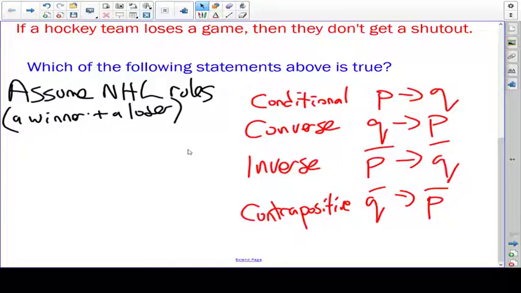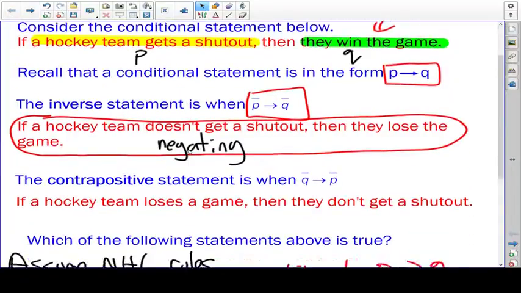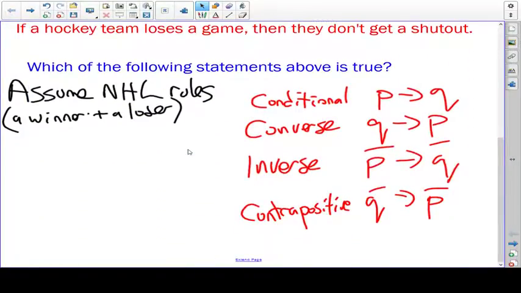So if we're going by the NHL rules, if a hockey team gets a shutout, then they win the game. Is that true or false? False, because what happens if you get a 0-0 tie that goes to a shootout? So that would be our counter example.